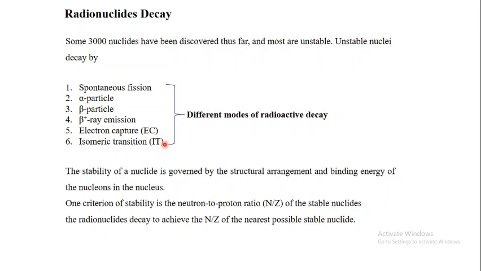Actually, why do these processes occur inside the nucleus? In order to arrange the neutrons and protons inside the nucleus for a stable configuration, for a stable arrangement, and in order to maintain the N over Z ratio, which is responsible for the stability of a particular type of nuclide.